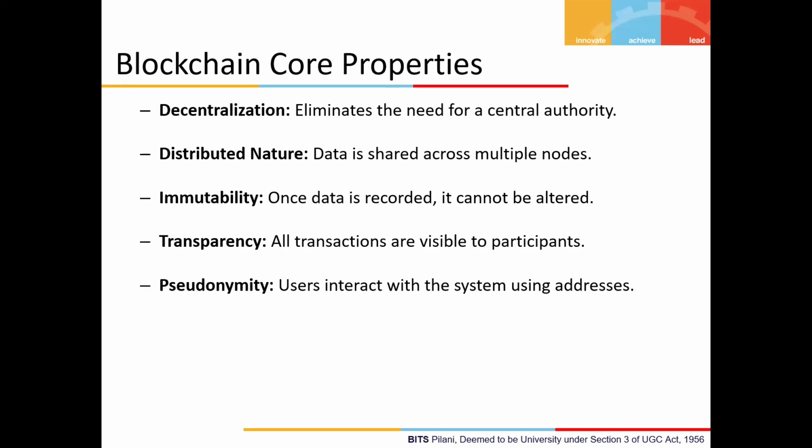So there is no personal information attached with that particular identity or address. That is why they inherently provide, we can say, identity privacy to a certain extent, until and unless your pseudonym identity is attached with your personal information.